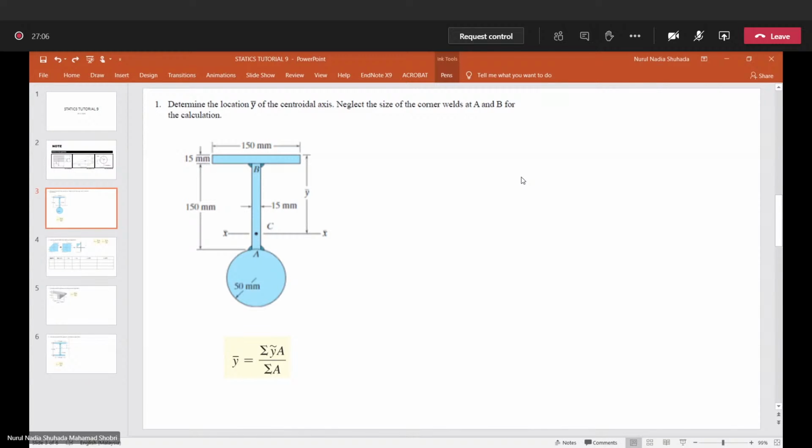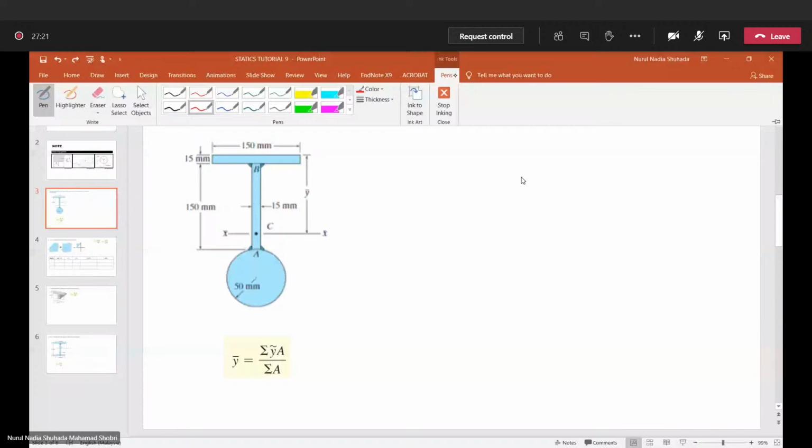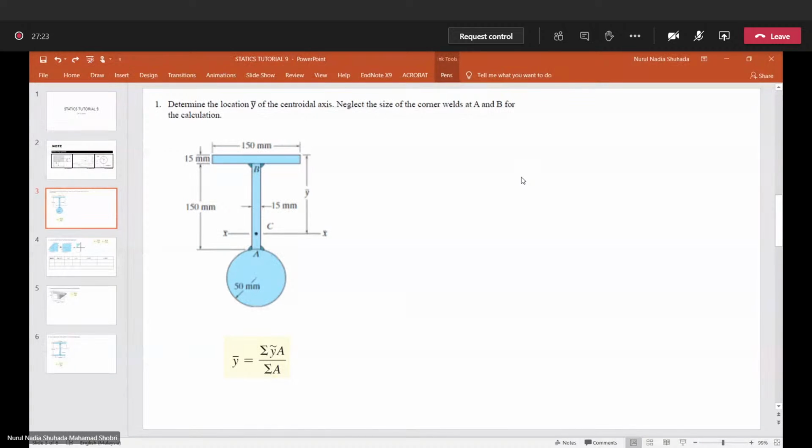So that's what we are going to find. To find the value of centroid y, we can use this formula: y bar equals the sum of area times the respective centroid of each geometry, divided by the sum of all areas.